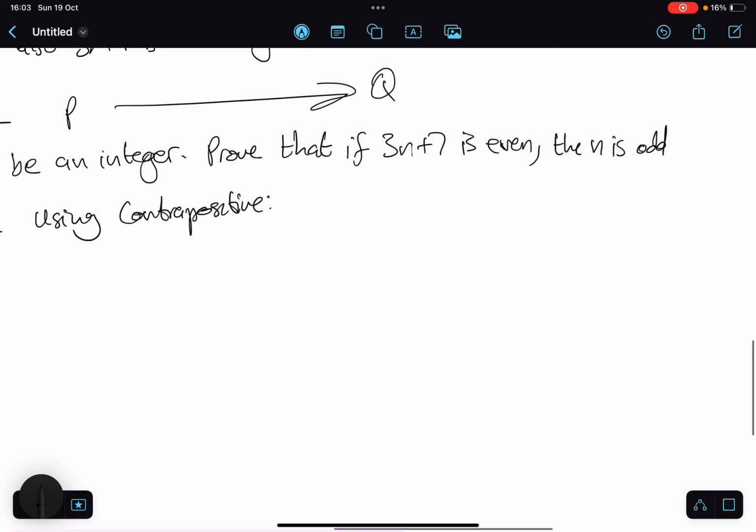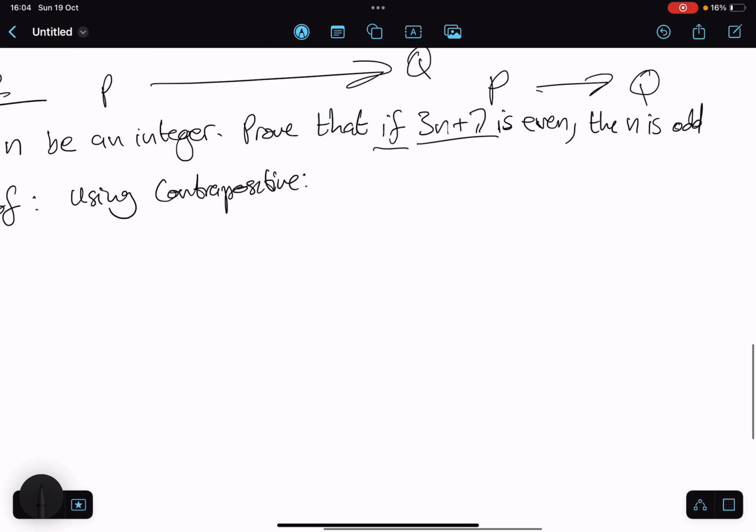You're saying if P, which is 3n plus 7 is even, implies Q, and our Q is n is odd. So we are saying if 3n plus 7 is even, then n is odd.